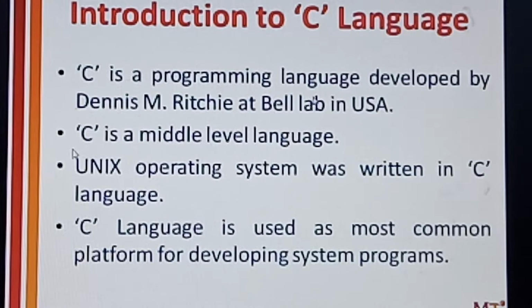Number 2, C is a middle level language, but C is a high level language. Unix operating system was written in C language. C language is used to most common platform for developing system programs.